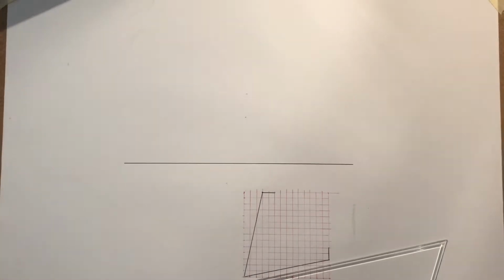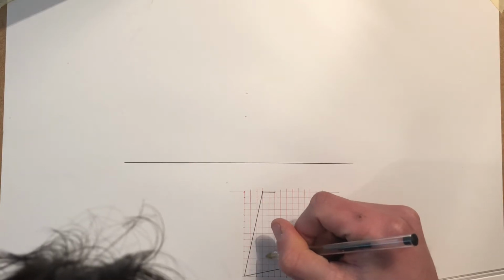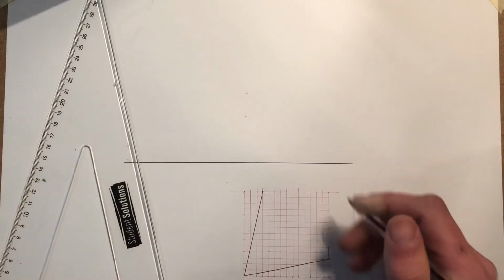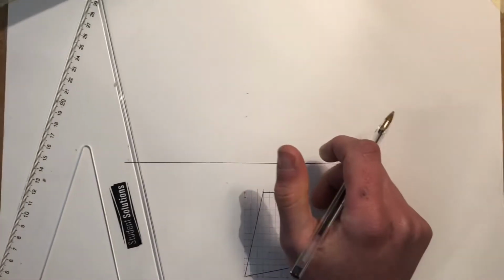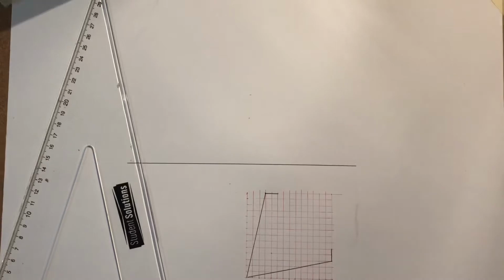This guy then is in 1, 2, 3, 4. There we go. And 4 squares. No, he's not actually. He's in 4 squares, in 4 squares.